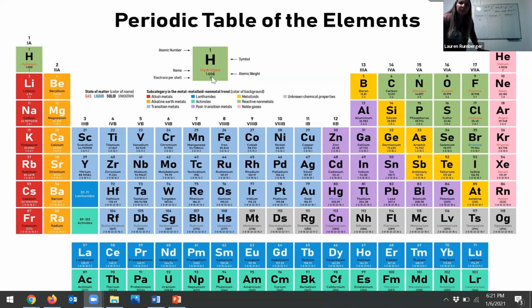Below the symbol will be the atomic mass. We're going to need to recognize the difference between atomic mass and mass number, but that's not until later in this lesson. For right now, we're recognizing the atomic number is found on the periodic table, the number that is above the symbol.